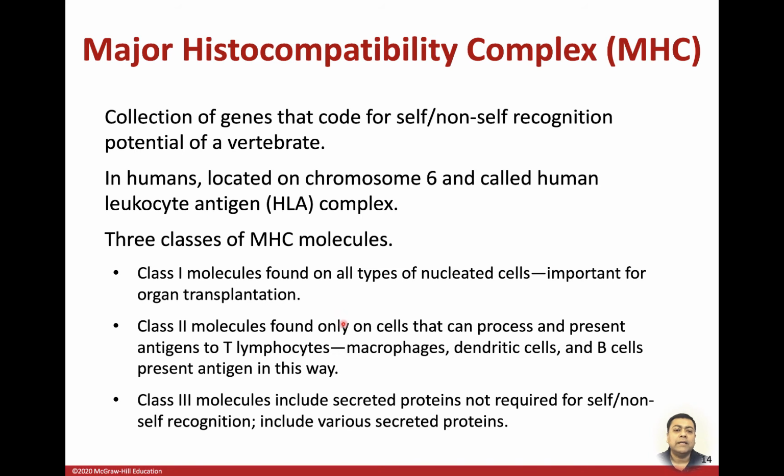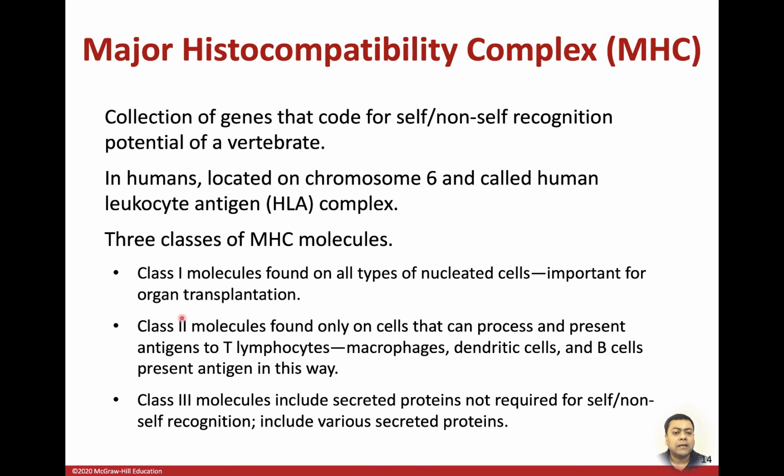On the other hand, there is a class 2 molecule which is only present on the cells that can process and present antigen to T lymphocytes. So they are present on the APCs. Mainly, these are your immune cells: the macrophages, phagocytic cells, dendritic cells. These are antigen presenting cells, and also B cells.